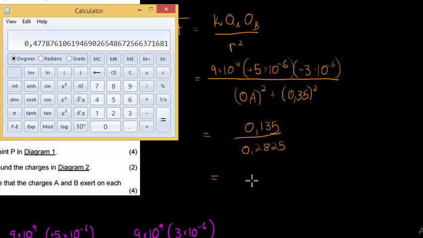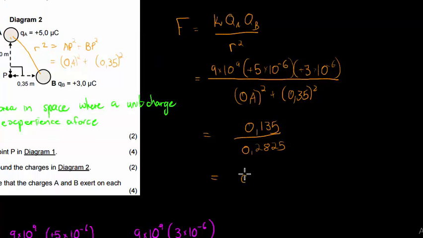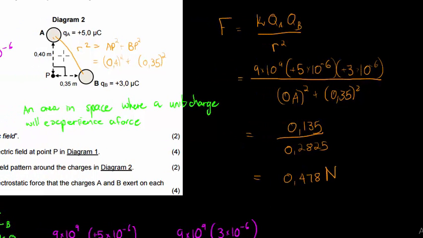I'm going to use 3 decimal places. I like to use 3 decimal places if there's nothing in front of the comma. 0,478 newtons. That's the effect that they have on each other. So remember, both of them are repelling each other, and this is the force with which they do so, so you can just say away from each other.